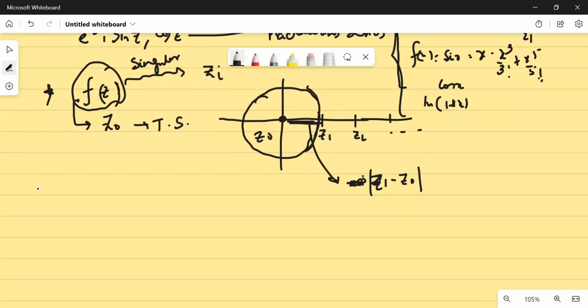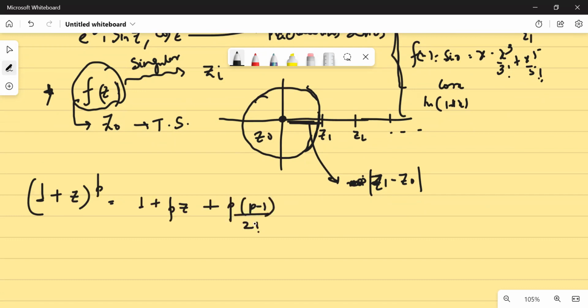Okay, so there is a series called the binomial series. Let's say (1 plus z) raised to power p. It can be expanded as 1 plus pz plus p(p minus 1) upon 2 factorial z square, plus p(p minus 1)(p minus 2) upon 3 factorial z cube, and so on and so forth.